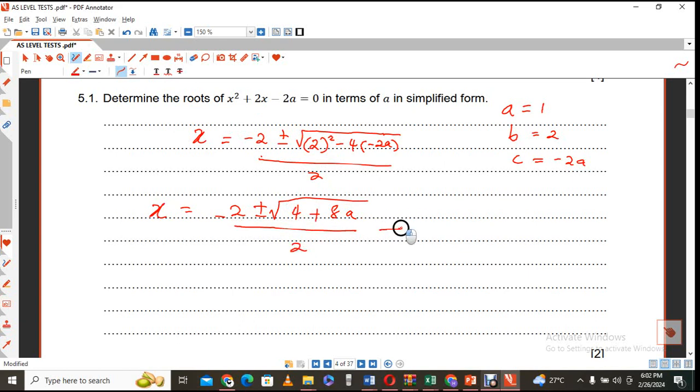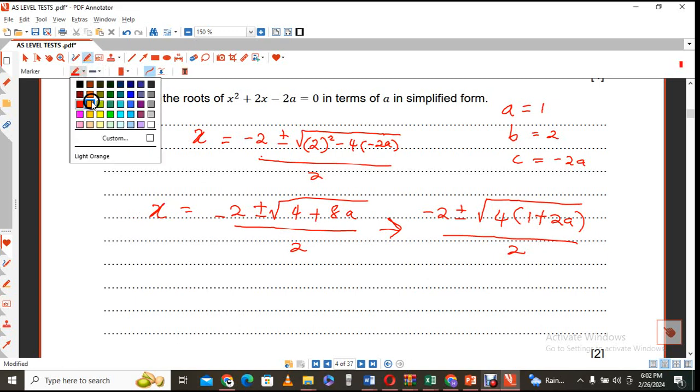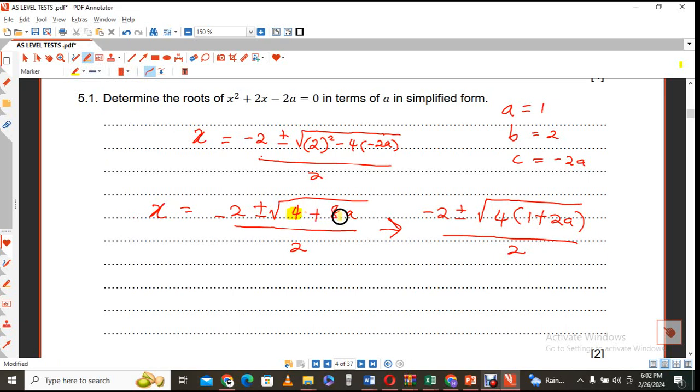Now if you look at the square root, there is a common factor of 4 and 8, which is 4, so I'm going to take out that common factor of 4 and I have 1 plus 2a inside my bracket, all over 2.